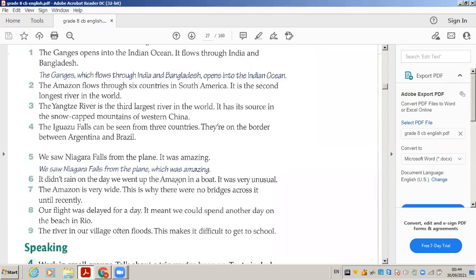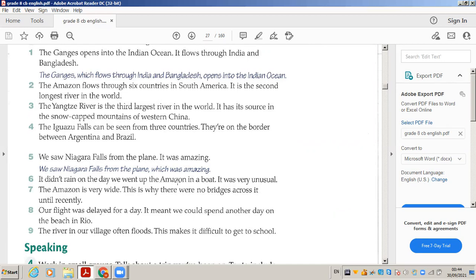Number 7. The Amazon is very wide. This is why there were no bridges across it until recently. And the answer, the Amazon is very wide, comma, which is why there were no bridges across it until recently. Number 8. Our flight was late for a day. It meant we could spend another day on the beach in Rio.